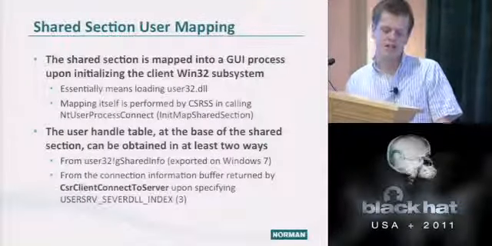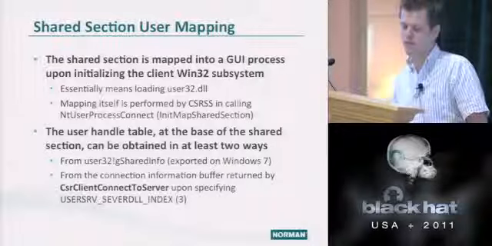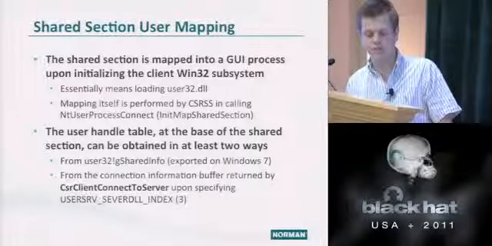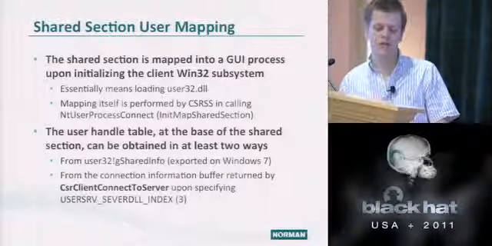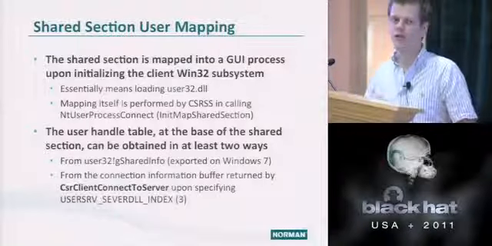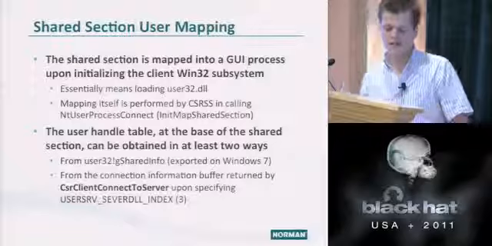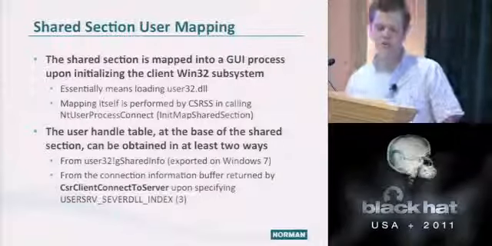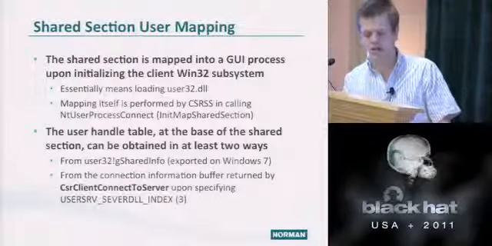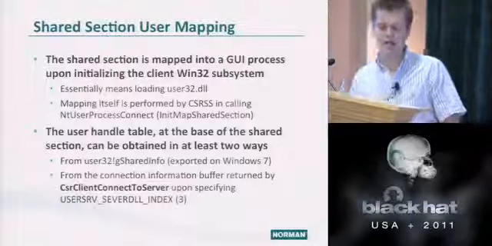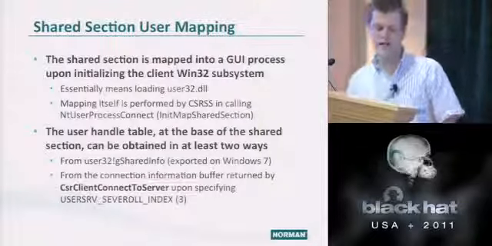The shared section user mapping that contains the handle table and the shared heap is set up when you load user32.dll. So if you load this DLL, it will notify CSRSS, which will set up the mapping for the process. And the user handle table is located at the base of the shared section.